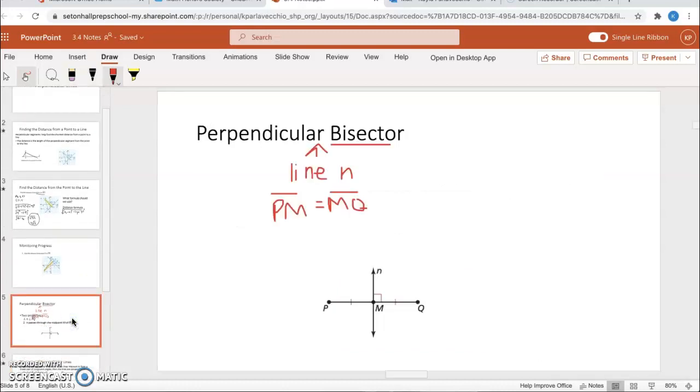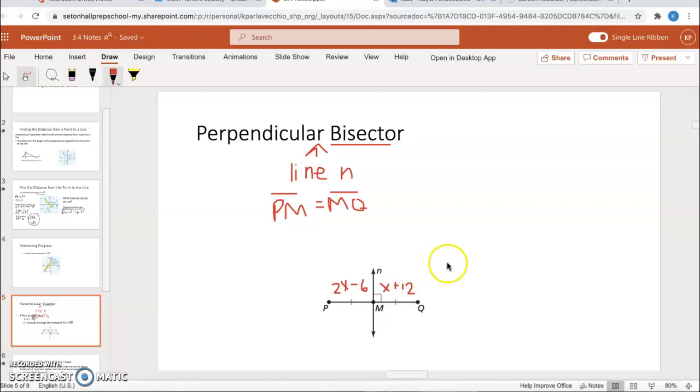I do want to go back to this example. What you could be given is maybe a variable expression that you'd have to find x for. So let's just say I told you that PM was equal to 2x minus 6. Sorry again for my terrible writing here. And then I told you that on this side, this segment length is x plus 12.